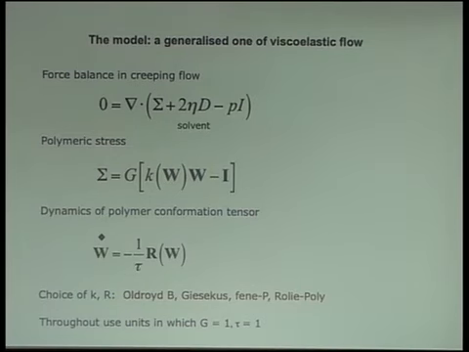But also, of course, in our numerics, we need to make concrete choices, and depending on the choice that we make, we can get most of the popular models found in the rheology theory community: Oldroyd-B, Giesekus, FENE-P, Rolie-Poly. And throughout I'm going to use units in which this modulus is 1 and the relaxation timescale is 1.